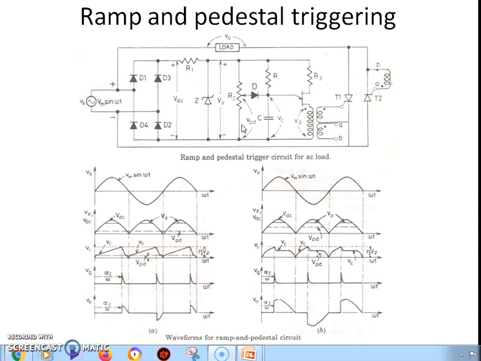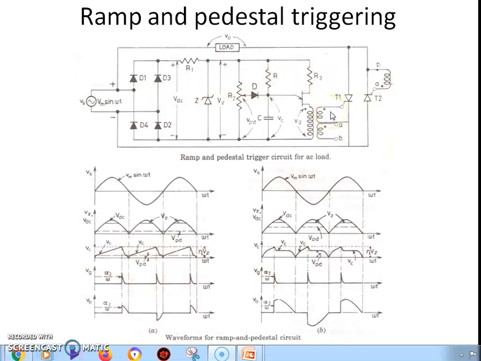This is about the ramp and pedestal triggering circuit of an SCR. In the ramp and pedestal circuit, we are using a UJT relaxation oscillator. The UJT relaxation oscillator source voltage is from a Zener diode regulator, which is fed from a diode bridge rectifier. So during the positive and negative half cycles, there is a pulse towards the secondary of the pulse transformer.